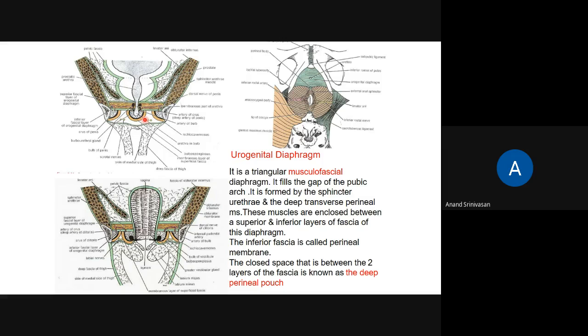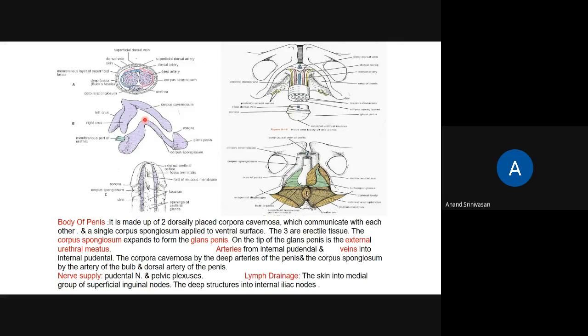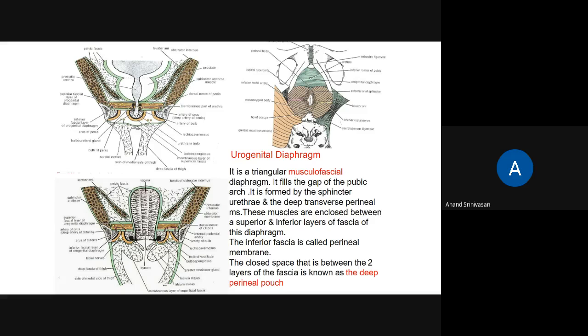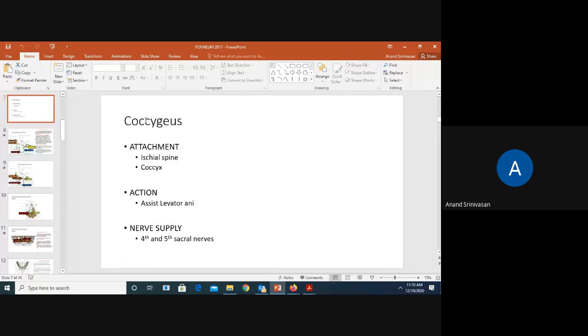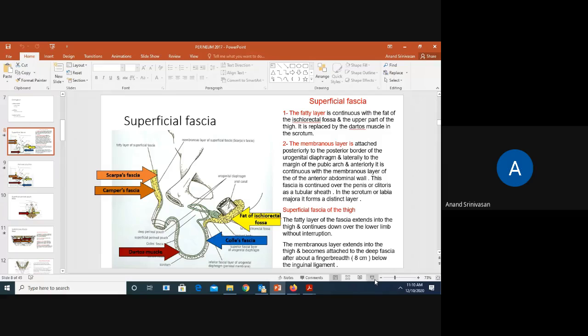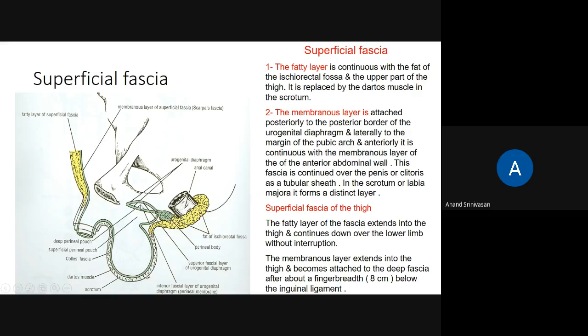Also, if you remember, while I was talking about the anterior abdominal wall, I discussed what happens in case of urethral injury. Do you remember? I told you if the membranous urethra is injured, only the deep perineal pouch will be filled up.